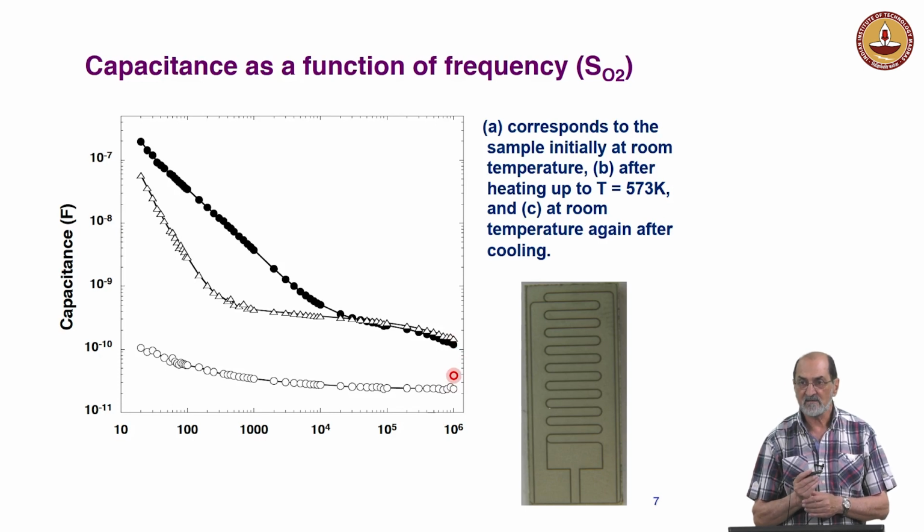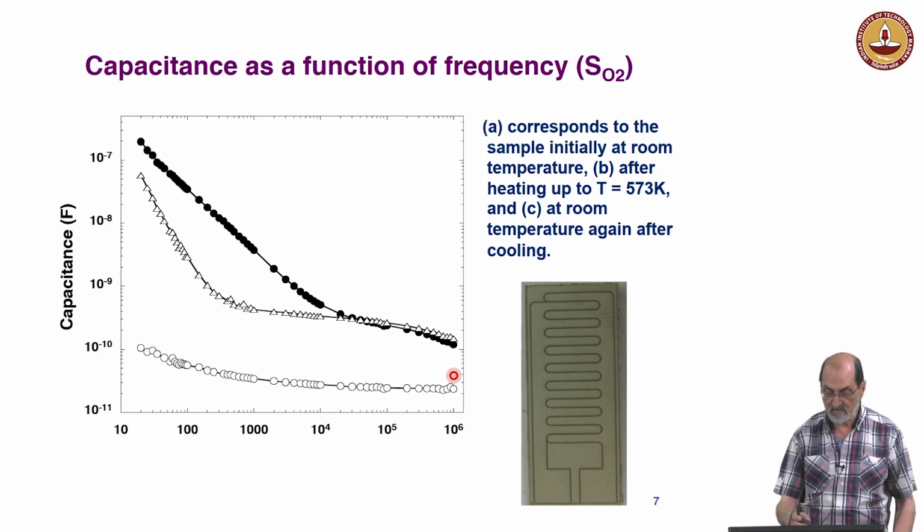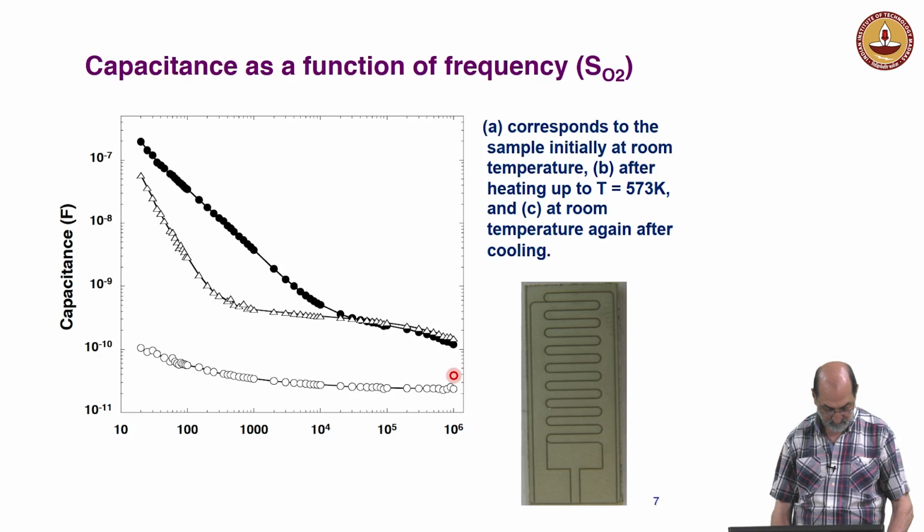And if that is the case, it's telling me that we have an indiffusion of oxygen, which is annihilating the oxygen vacancies and then reducing the capacitance. If you don't agree with that, we cannot explain this. I didn't find another explanation for this, and no one ever gave me an explanation other than the one I have just given you.